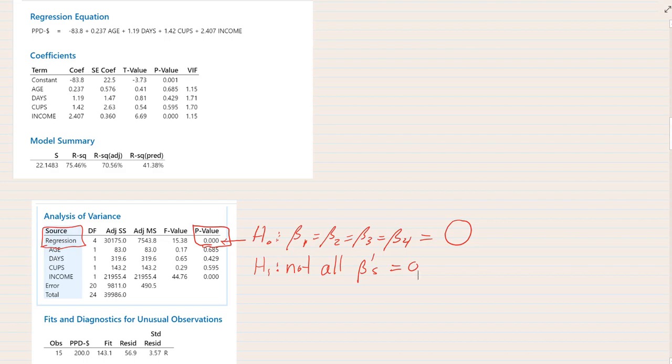And because the p-value is small, we're going to reject the null hypothesis and side with the alternative. That means this is a good predictive model for what we want to do. This is what we call the global test of hypothesis.